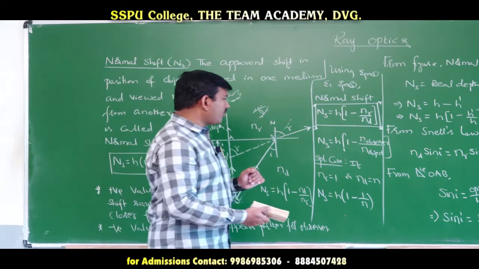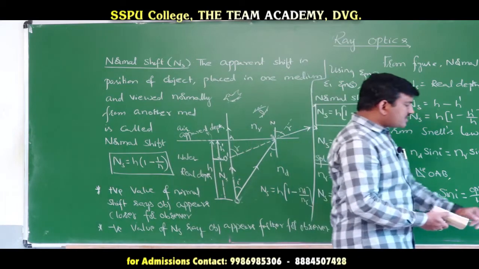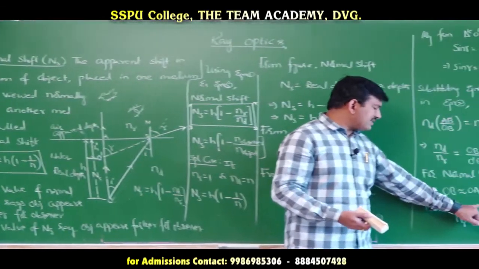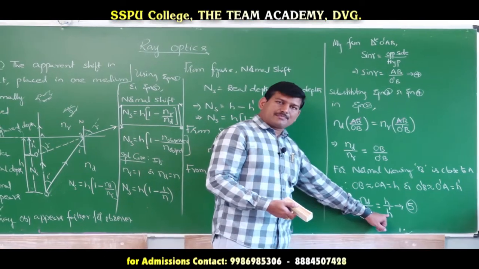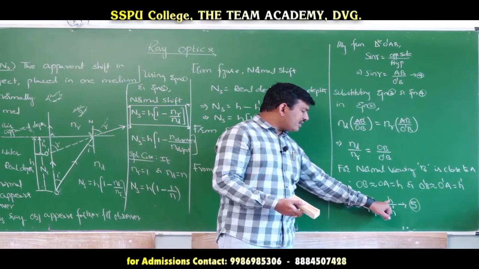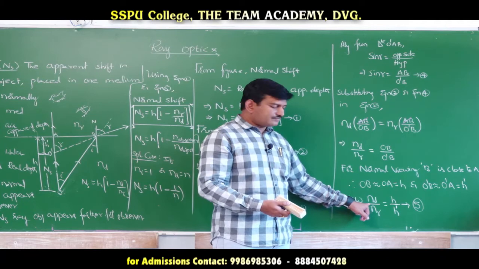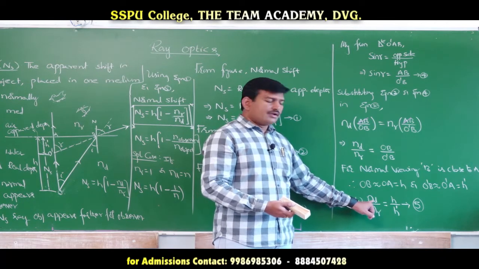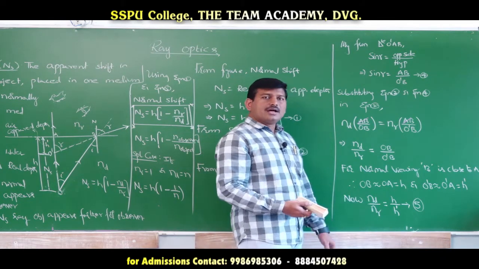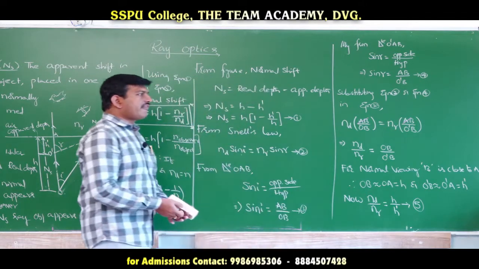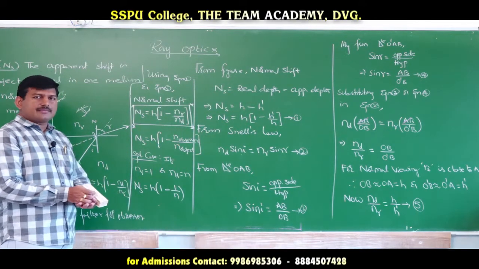And one more important thing is, if you see this formula, this is real depth and this is apparent depth. So the ratio of real depth to apparent depth is said to be the refractive index of one medium with respect to another medium, or refractive index of the refracting medium.